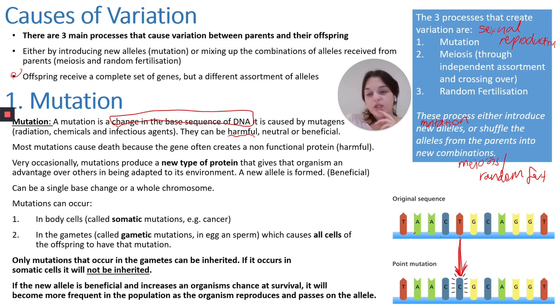So there's two places they can occur because we've got two types of cells, in body cells or in sex cells. So remember, those are the two types of cells at a big picture sort of level. So if it's in body cells, we call that a somatic mutation. So soma means body. I think it's in Latin or something like that.